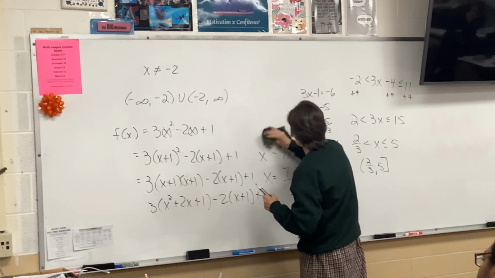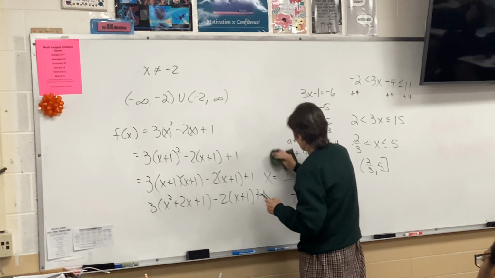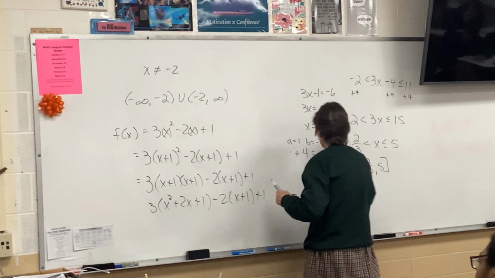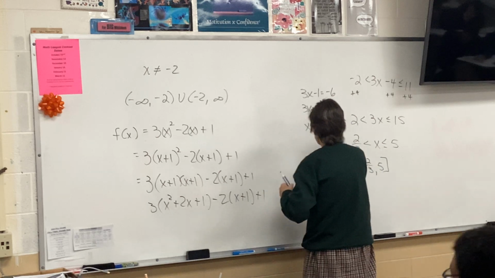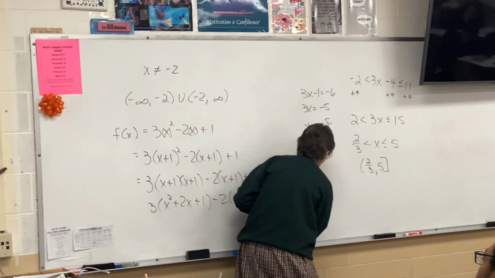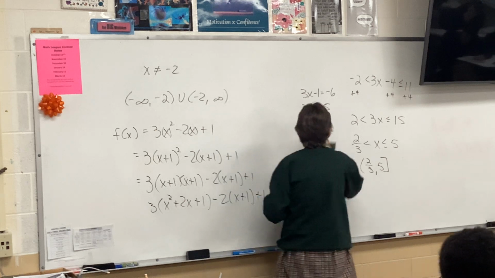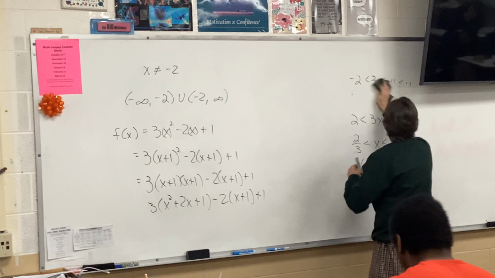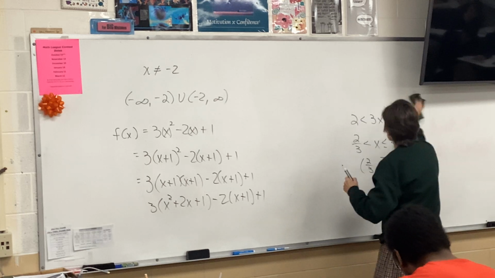I'm going to distribute everything, collect like terms, and then I will be finished. This isn't a solve, so my answer won't be x equals. I'm going to distribute it all and collect like terms.